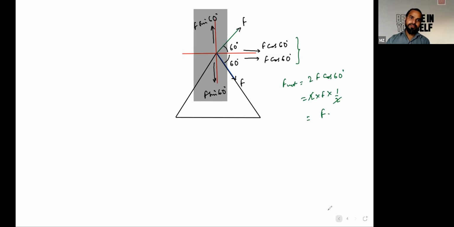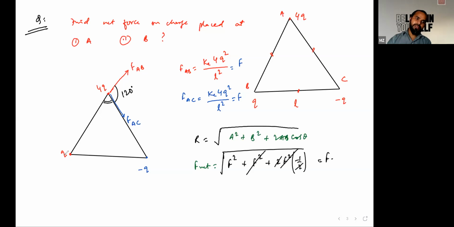Now, from the previous question, try to calculate the net force on this particular charge at B. Okay, Nazira, any doubt?